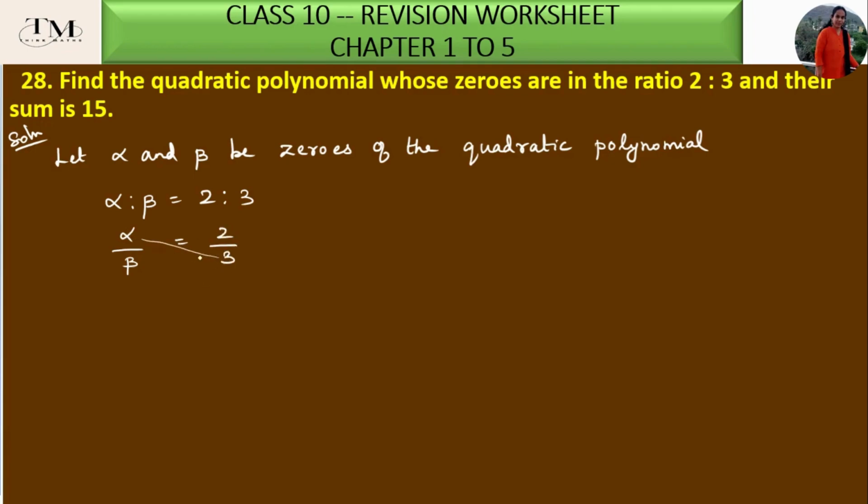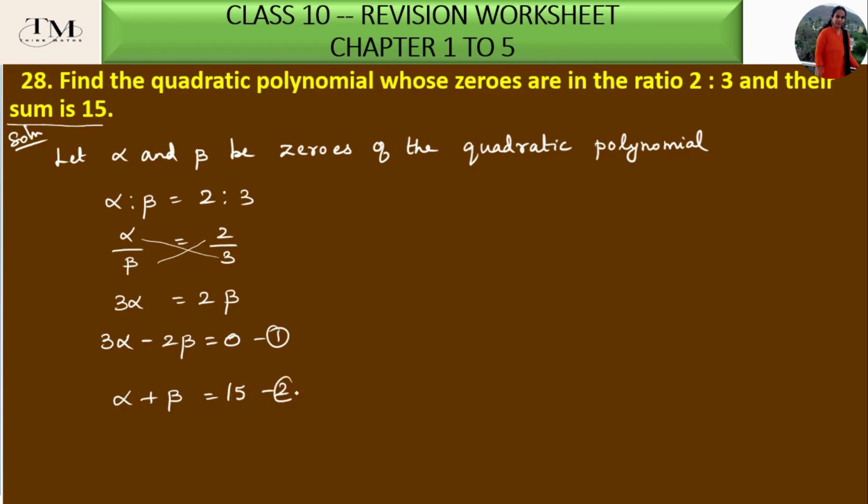That means if we cross multiply, we get 3 alpha equal to 2 beta. That is 3 alpha minus 2 beta equal to 0. So this is one equation. Another one is their sum is 15. Sum means alpha plus beta is equal to 15.